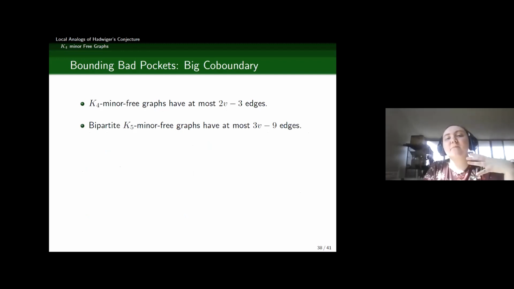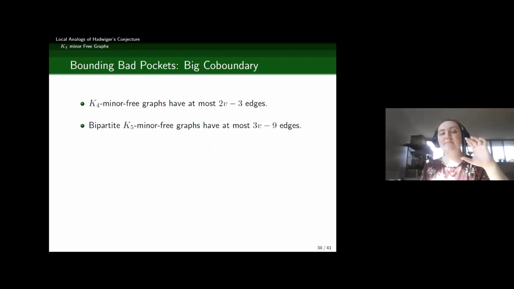Okay, so for pockets of big coboundary, K4 minor free graphs have at most 2v minus 3 edges. So any shallow pocket of coboundary at least 3, we can just bound those linearly in one go. And bipartite K5 minor free graphs have at most 3v minus 9 edges.